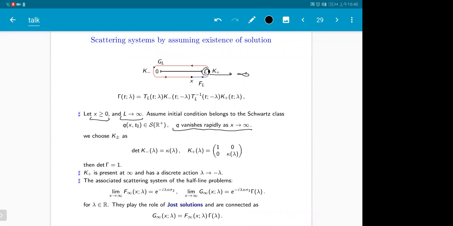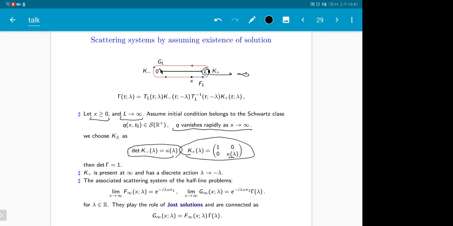There is a choice to make between k plus and k minus. We choose k minus, so this reflection matrix belongs to the hierarchy of reflection matrices. With different choices of kappa, you will have different choices of K and the boundary conditions. We also engineer the k plus in this form, a diagonal matrix with 1 and kappa lambda.